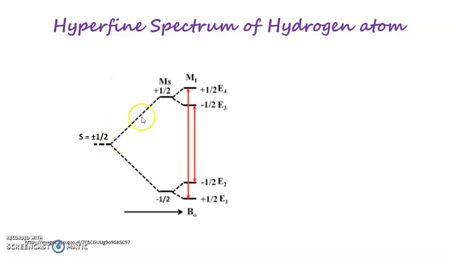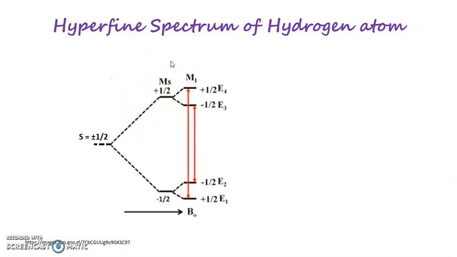Thus, Ms is plus or minus half, and there should also be an Mi with plus or minus half. In the absence of a magnetic field, the electron spin energy levels are degenerate, that is, having the same energy. Application of a magnetic field removes the degeneracy, the Ms minus half sublevel going down and the Ms plus half sublevel going up.